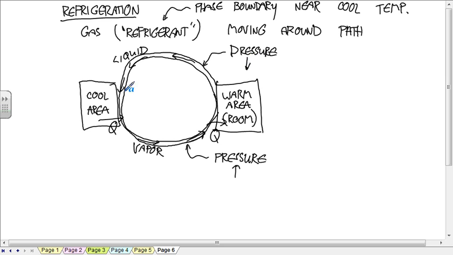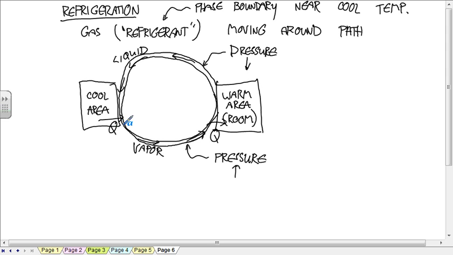Now you could do this exact same cycle without a phase change. The problem is it wouldn't be very efficient, because in the step where this liquid is slightly cooler than the cool area, you get a small amount of heat going from the cool area to the refrigerant, and then they'd be at an equilibrium temperature.